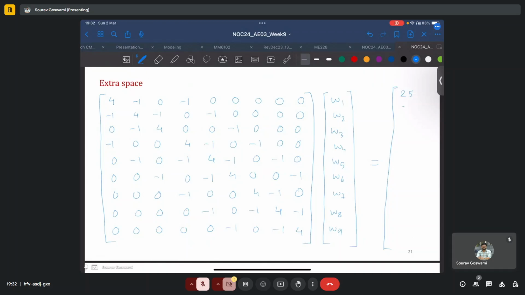equals the RHS: 25, 50, 150, 0, 0, 50, 0, 0, 25. And if we solve this matrix, we will end up with the temperature at each of those interior points marked from P1 to P9.